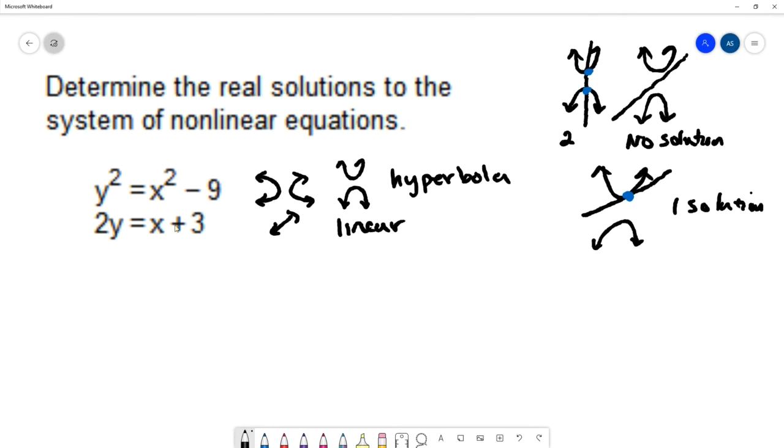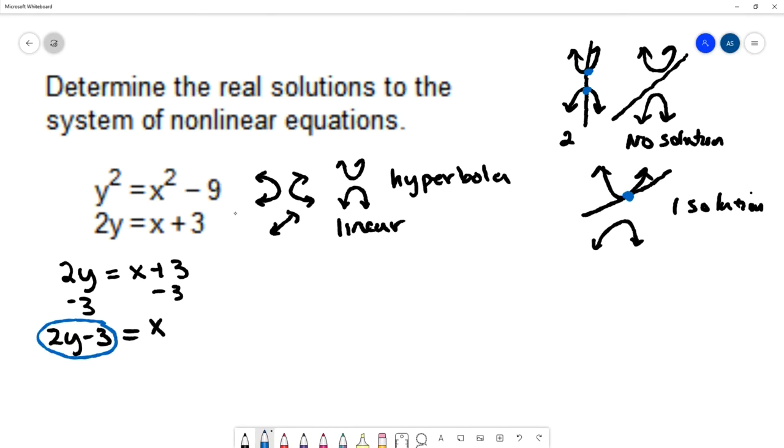So I'm going to take the second equation and I'm going to solve for x because it doesn't have a coefficient. That means I won't have to worry about the fraction. So 2y equals x plus 3. I'll subtract 3. That's x equals 2y minus 3. We're going to substitute that into the other equation.